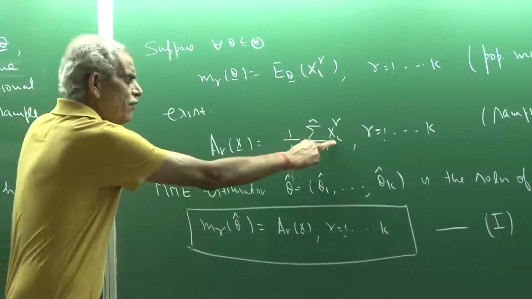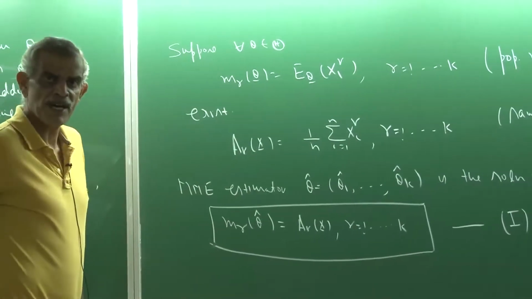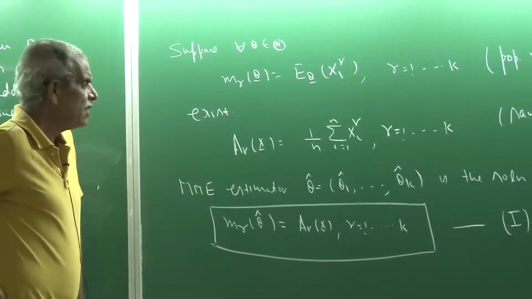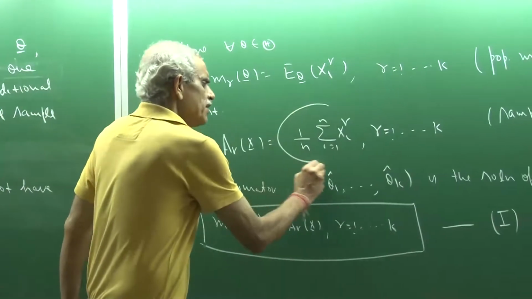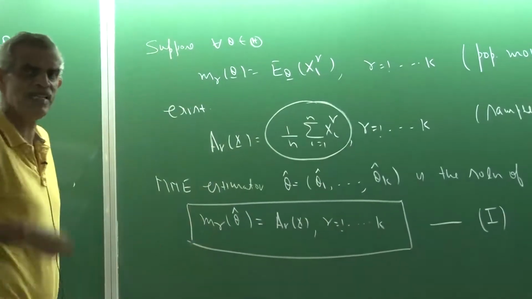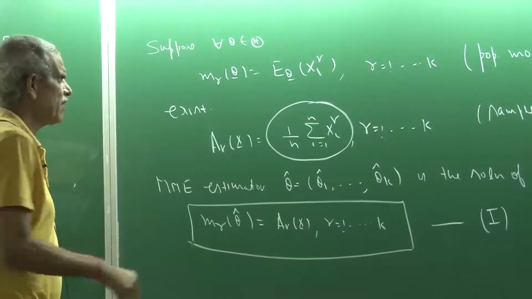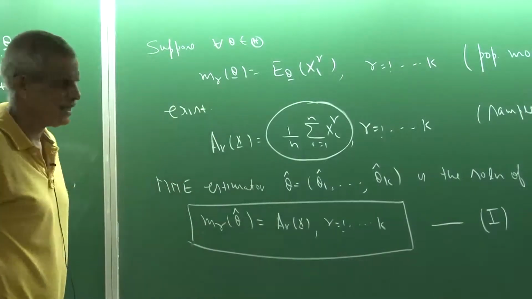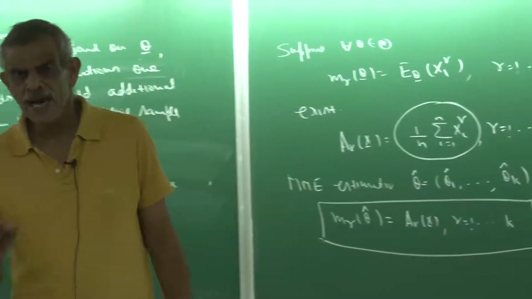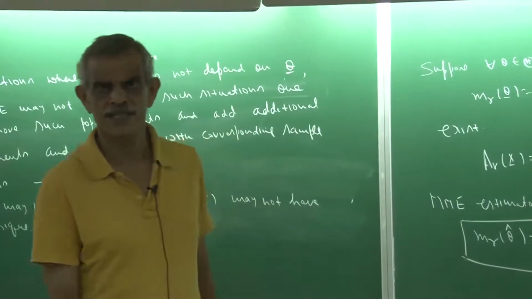What is the expected value of each xi to power r? It is M_r(theta) because they are IID. So by the weak law of large numbers, this sample mean of xi to power r will go to the population mean, which is nothing but M_r(theta). So A_r is a consistent estimator for M_r(theta).